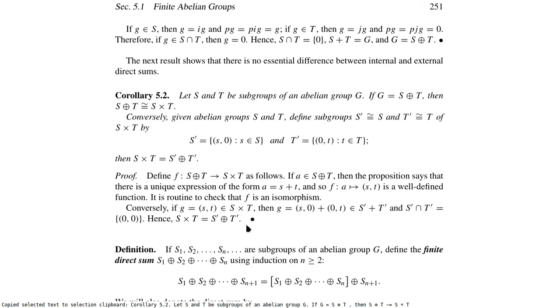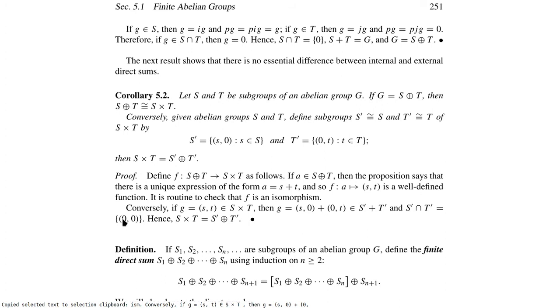Now, the converse happens that you have two abelian groups S and T, and you take these subgroups. So if you take an ordered pair ST from this product S cross T, which you're trying to make equal to the subgroups, you take an element from there, that is G. Then G can be equal to S comma 0 plus 0 comma T, two ordered pairs that you're taking from S prime plus T prime, because again S prime plus T prime is just addition of all the tuples, and if you check the intersection of these two, you're going to get 0 0, because zeros are the only things in common.